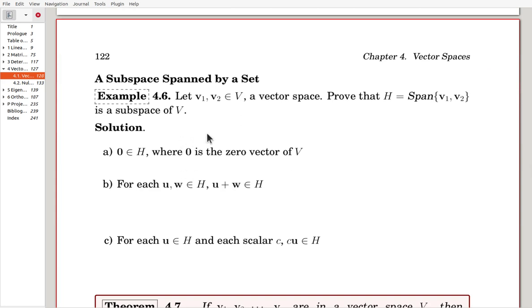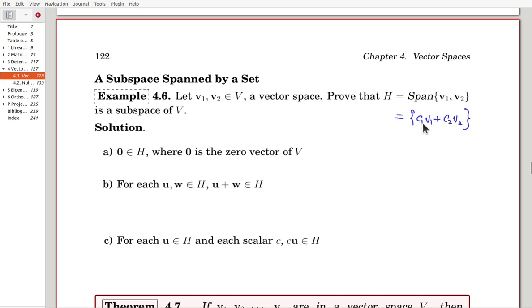Okay, a subspace spanned by a set. V1, V2 are chosen from a vector space. Then we want to prove that H spanned by V1, V2 is a subspace of V. Spanned by V1, V2 means the collection of all possible C1 V1 plus C2 V2, all possible linear combinations.